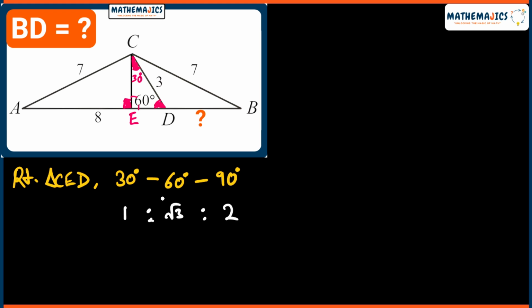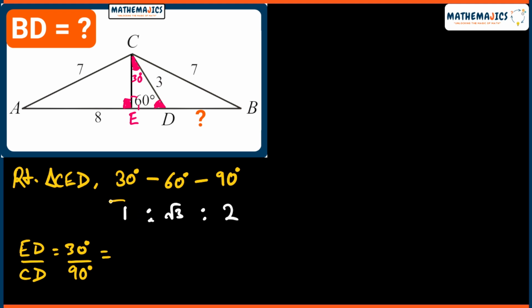The length of ED. So ED is opposite to 30 degrees, correct? And opposite to 90 degrees is CD. Now what is the ratio of sides opposite to 30 and 90?